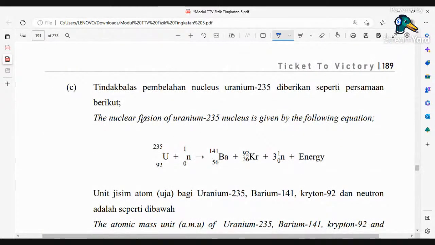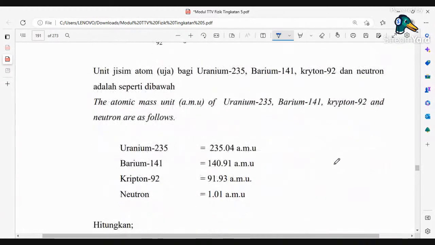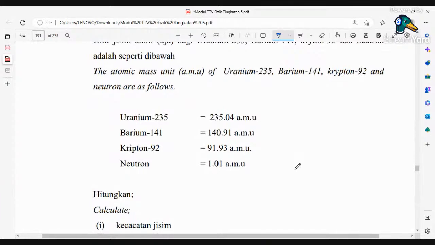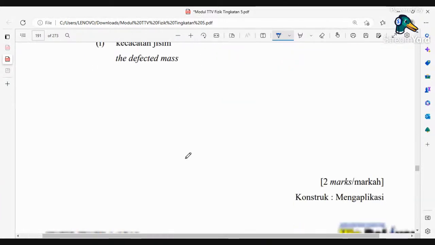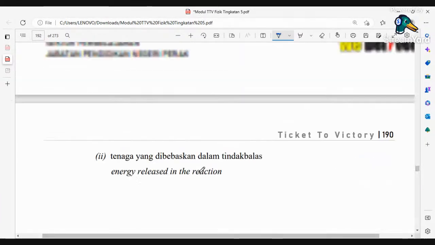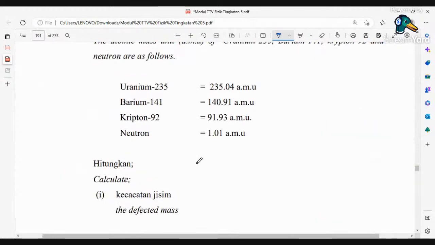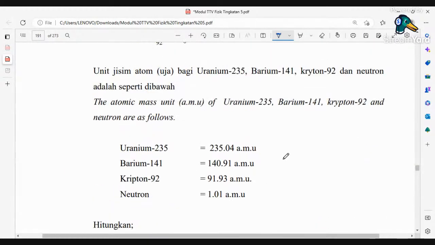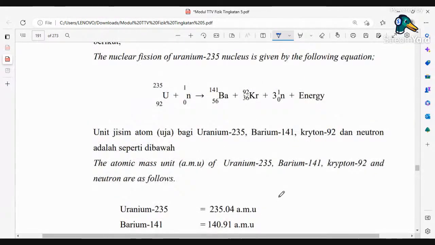Part C, you have nuclear fission of uranium-235 bombarded by 1 neutron, so it splits to become barium and krypton, releasing 3 neutrons and energy at the same time. Given the mass in atomic mass unit, calculate the mass defect and then the energy released. It is the same question actually, so I don't want to discuss this one. You total up the mass before and the mass after.